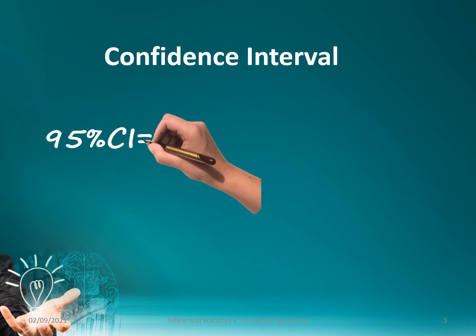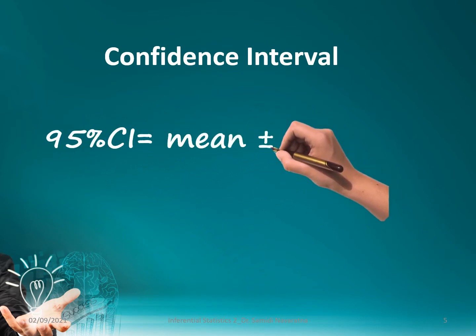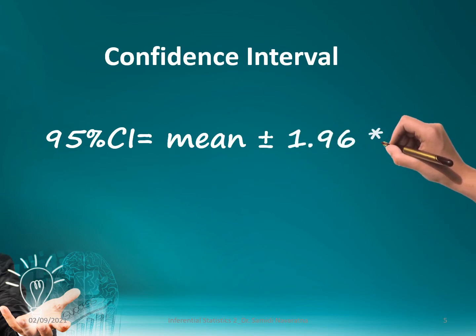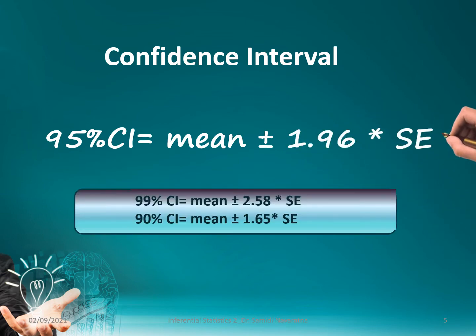95% confidence interval equals mean plus or minus 1.96 into standard error. And it's important to know the 99% confidence interval and 90% confidence interval too. 99% confidence interval is mean plus or minus 2.58 into standard error, whereas 90% confidence interval equals mean plus or minus 1.65 into standard error.